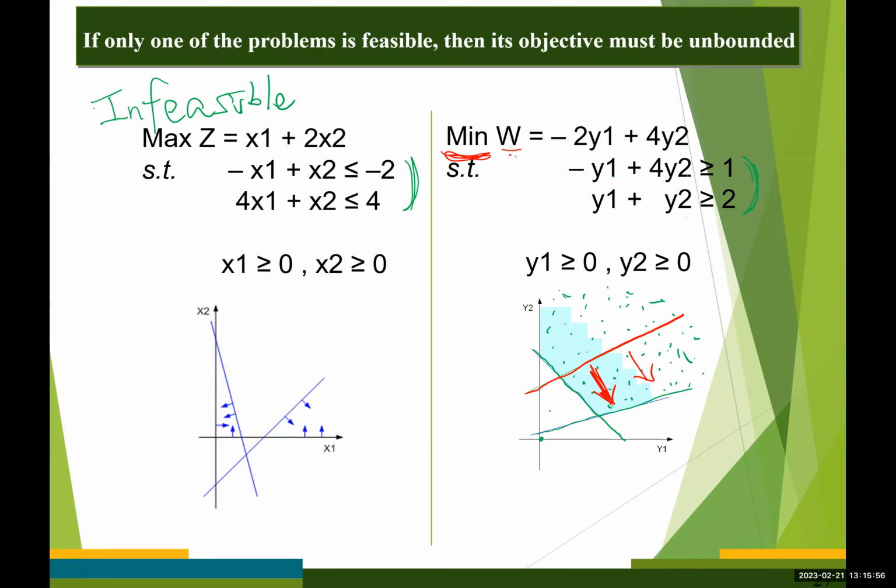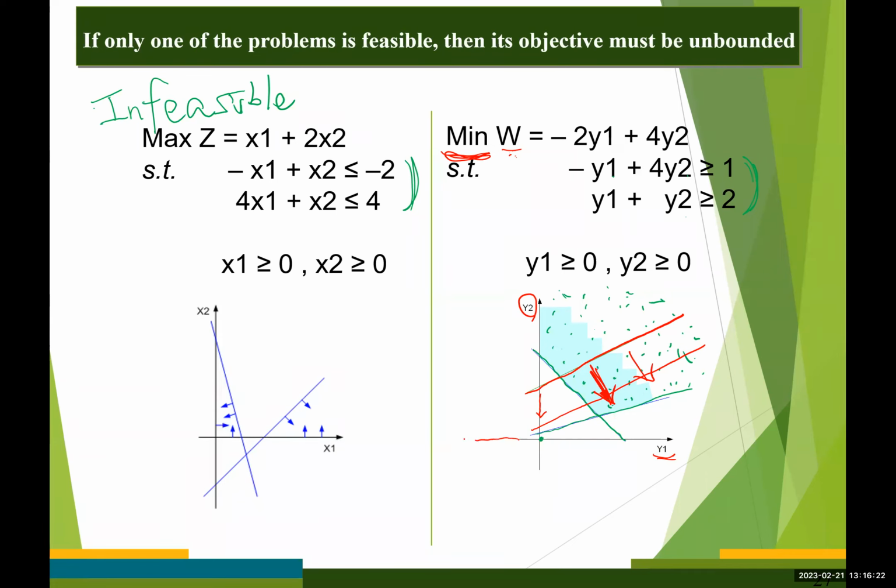Let's say the next isovalue line would be something like this. So in a way, y2 value has been decreased, right? But your y1 value will be increased, okay?